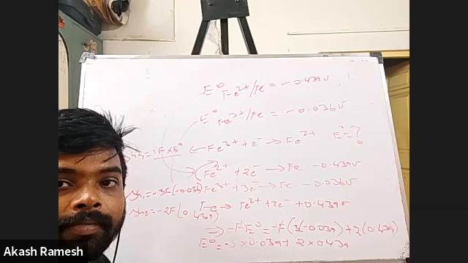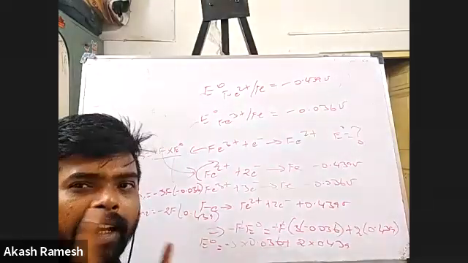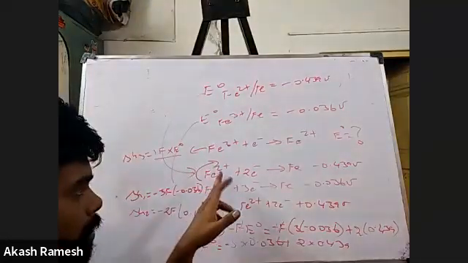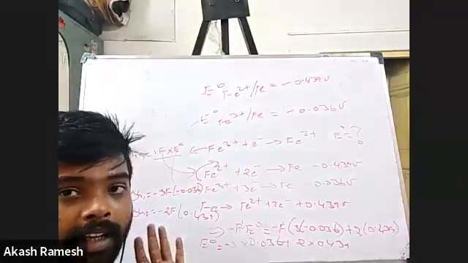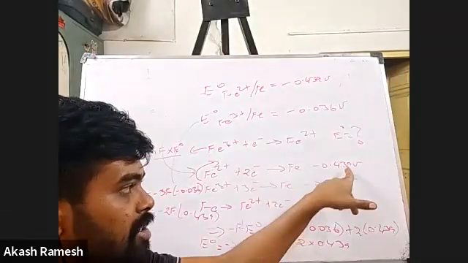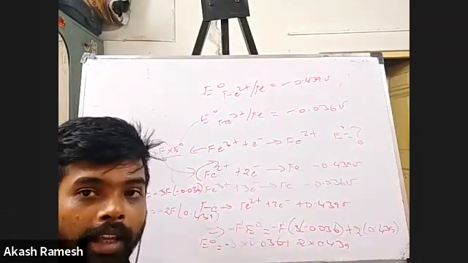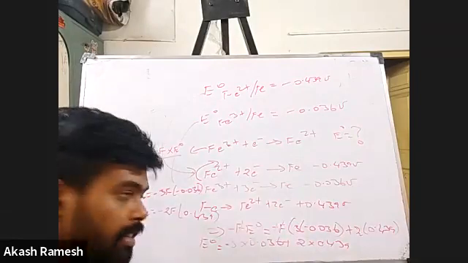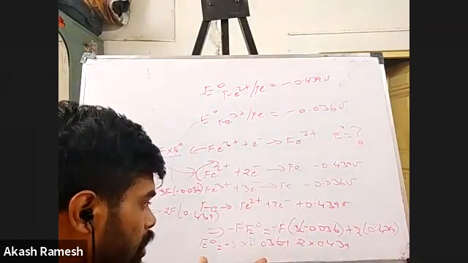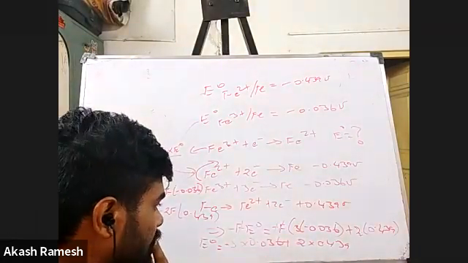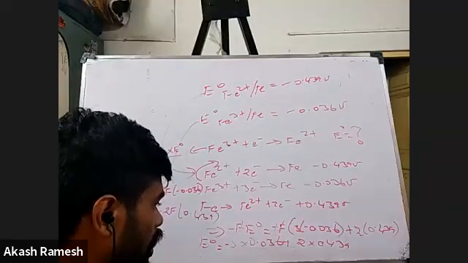So exactly what I told you in the previous general problem, the same thing I did here. The extra thing I did is I reversed the reaction because I require Fe2+ on the product side. So I changed the sign of the E naught value. That's it. So I can calculate whatever the value is. It will be 36, 72, 108.